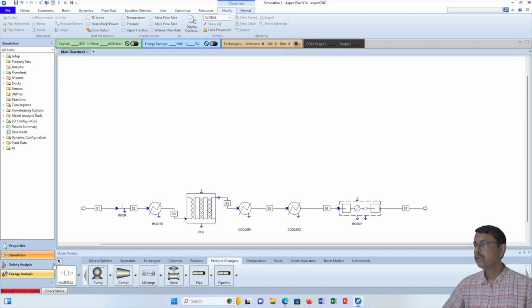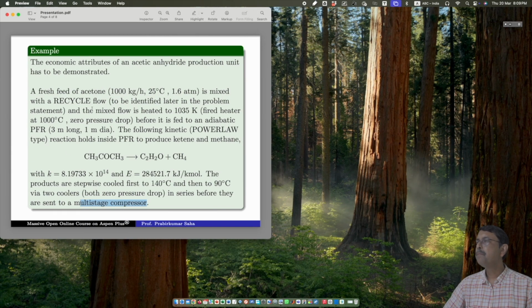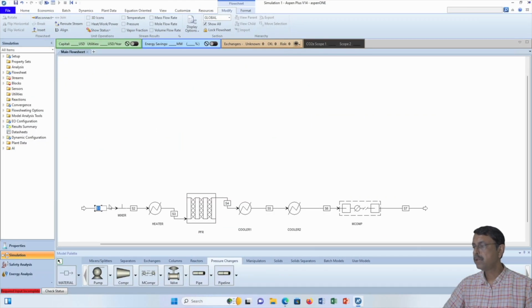Okay. So first rename them again. We will pass acetone over here, so let us write acetone. Then the recycle stream will join from there. We will settle the recycle stream later, and combined it will be a feed that will be heated, and it will go in as PFR in.